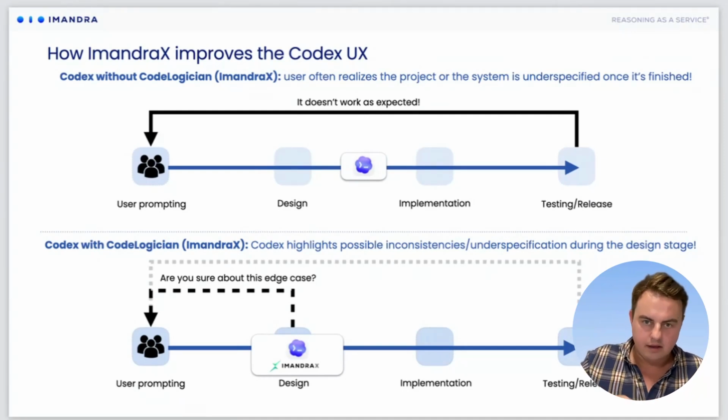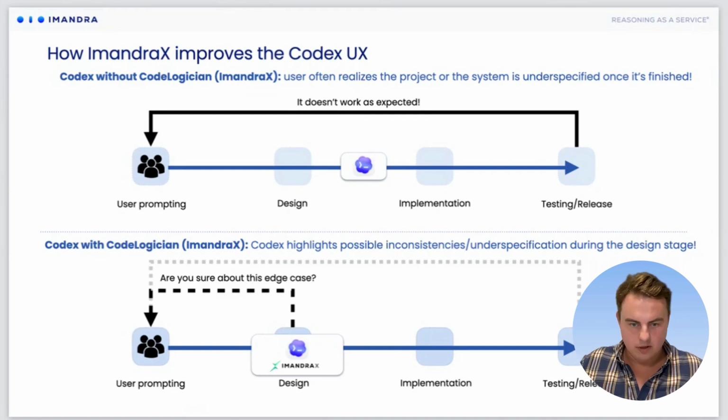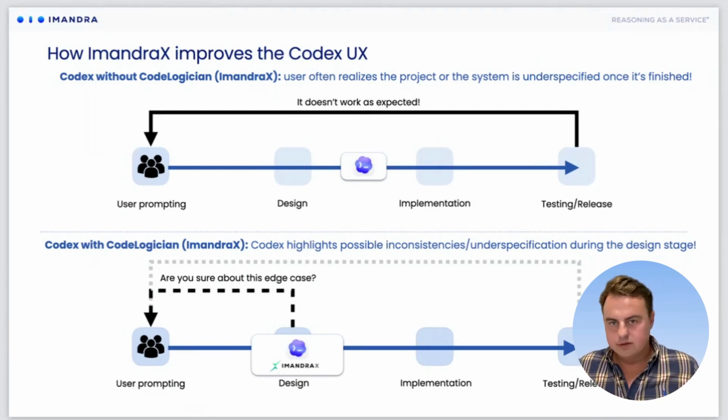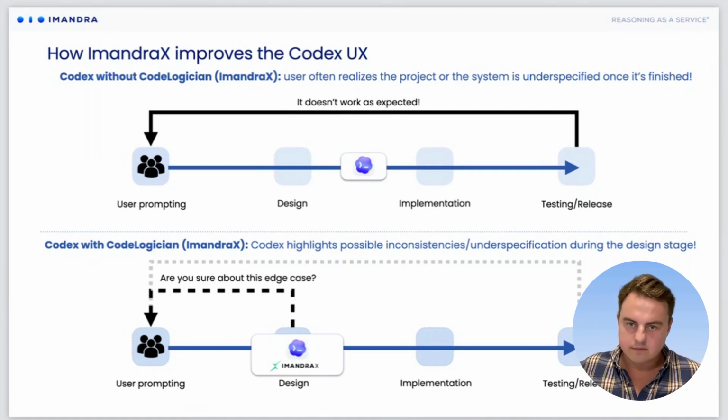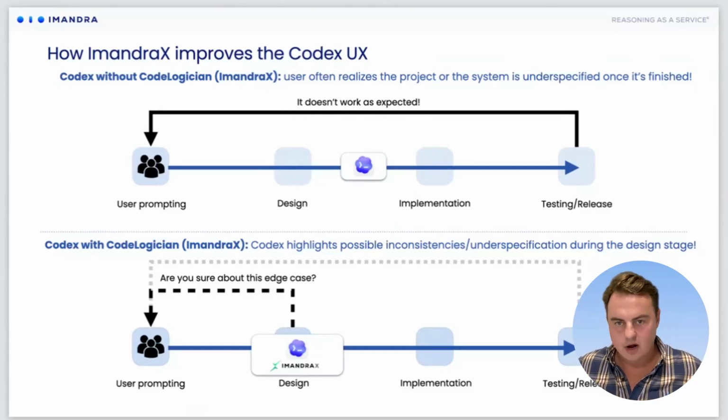And by invoking region decomposition early during the design stage, you can query the user to make sure that they understand the consequences of the specification requirements that they provide. And that overall leads to a much better coding experience rather than the user having to find out that the code that was ultimately generated doesn't meet the requirements. So Codex, using this technology and you invoking this early on, will fundamentally change the way that I'm using this tool.